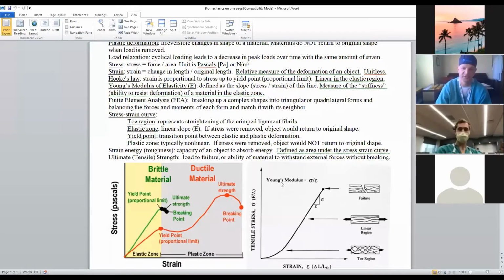Graphically, how would you represent that on the stress strain curve? The slope of the stress strain curve, particularly in the elastic zone, the linear zone. So Young's modulus of elasticity is the slope of the stress strain curve in the linear region.